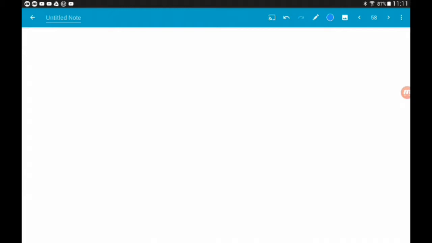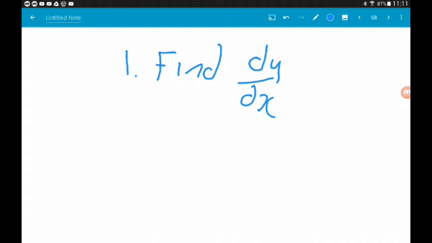In terms of a curve, the gradient is dy by dx, our derivative. So step 1 is to find dy over dx. That is our gradient function of the curve.